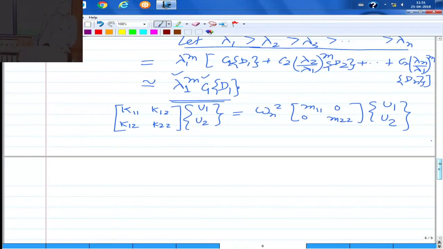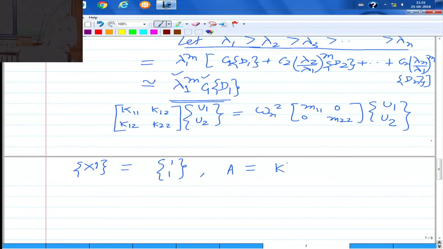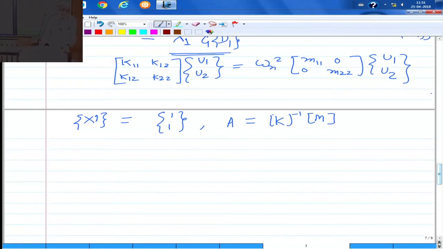So your starting guess x1 can be any vector, say 1 1 or maybe 1 0, and then you repeat that process. You will have to multiply by your A matrix. If you are doing the inverse approach, then your A is simply going to be K inverse into M. So this will be your A, and you do it a sufficient number of times.